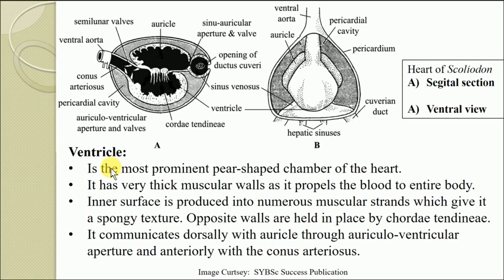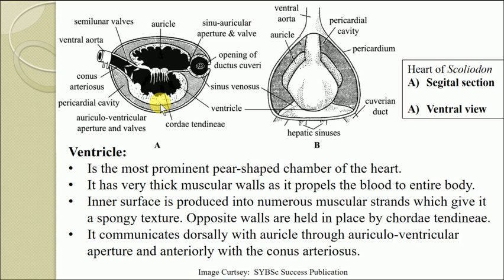Now the third chamber of the heart of Scoliodon is known as the ventricle, which is the most prominent, pear-shaped chamber of the heart. It has a very thick muscular wall. If you compare the thickness of the walls of the different chambers of the heart, you will find that the walls of the ventricle are the thickest compared with the other chambers.